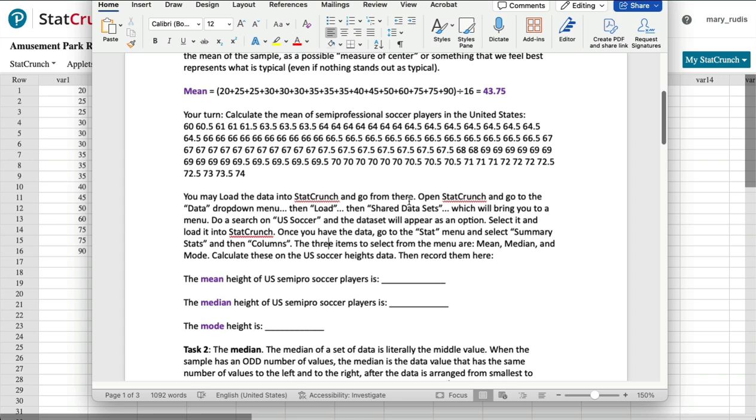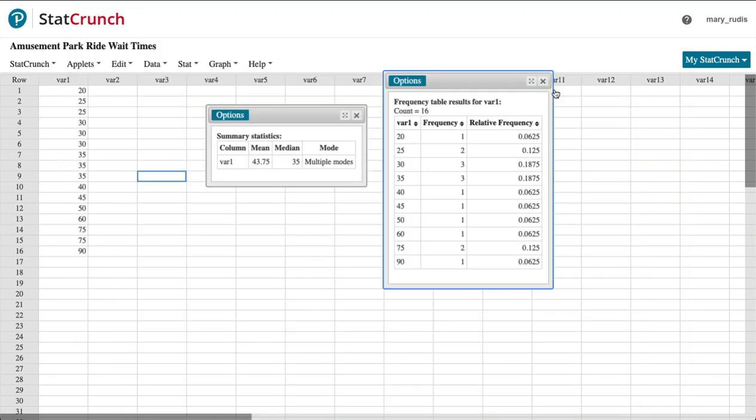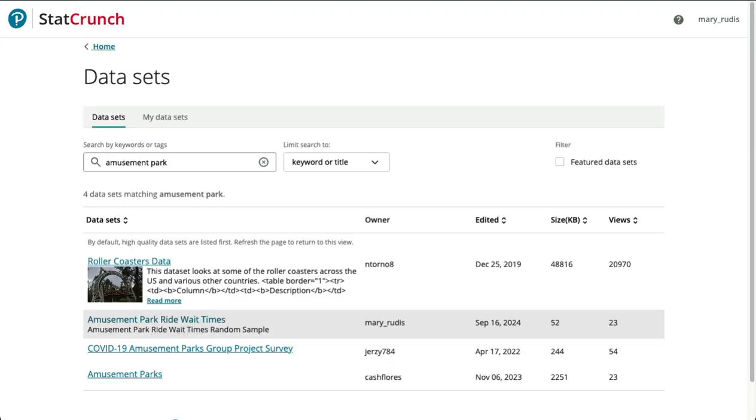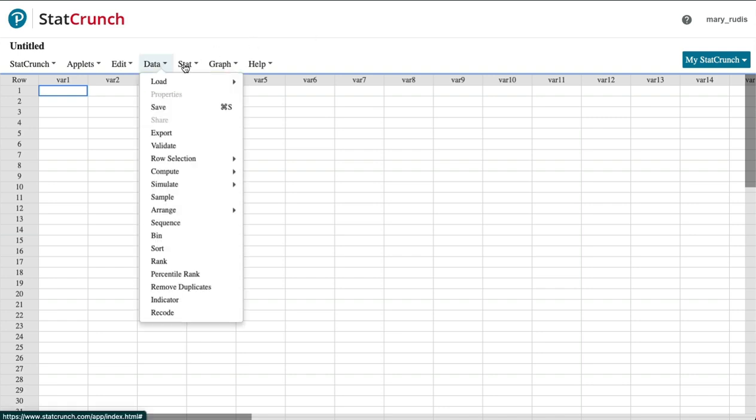So look for the soccer players data and calculate the mean, median, and mode after you saw how we did that with the amusement park wait times. So let's go back over to here and we're going to do that again.